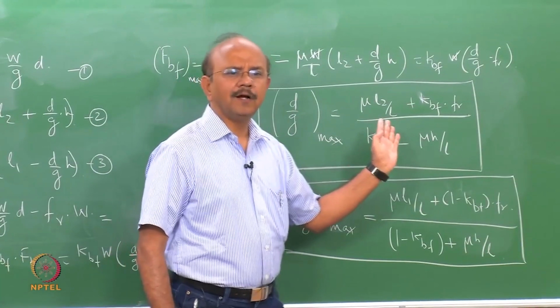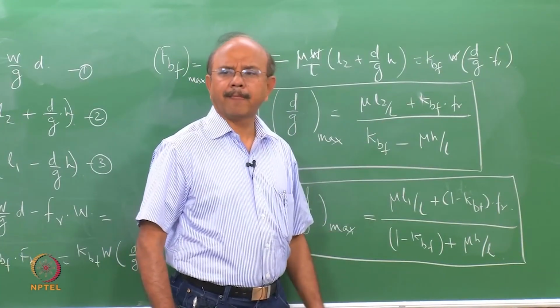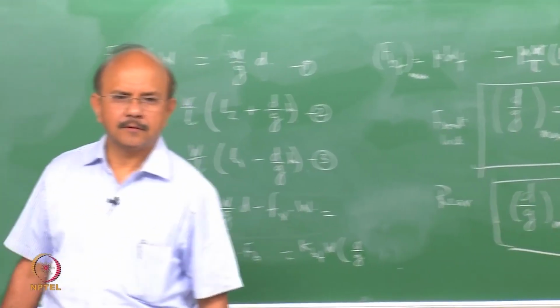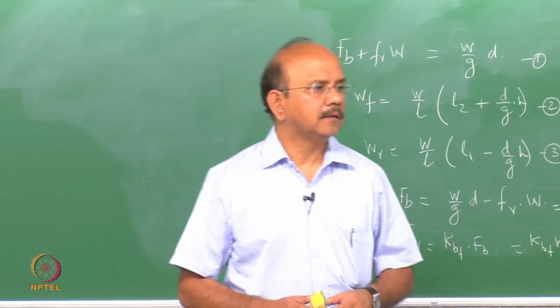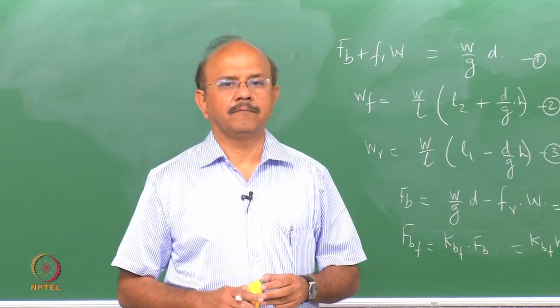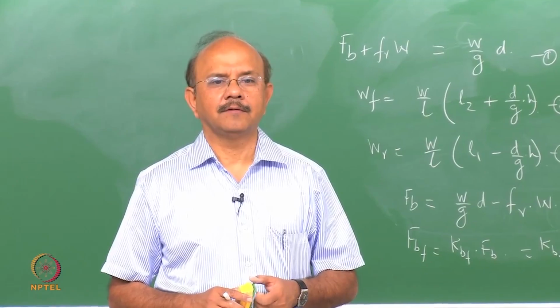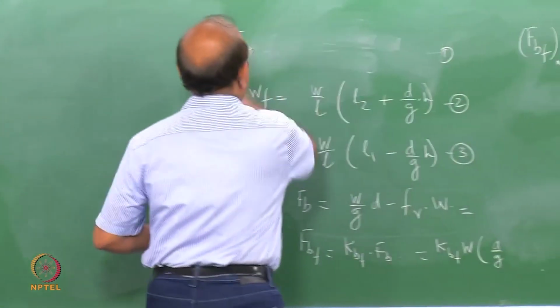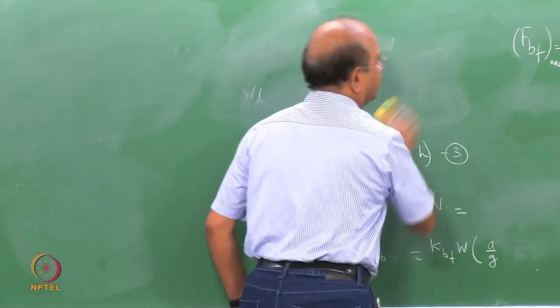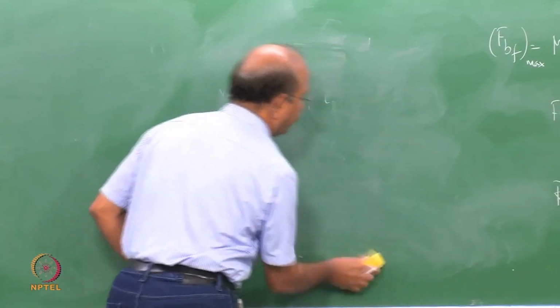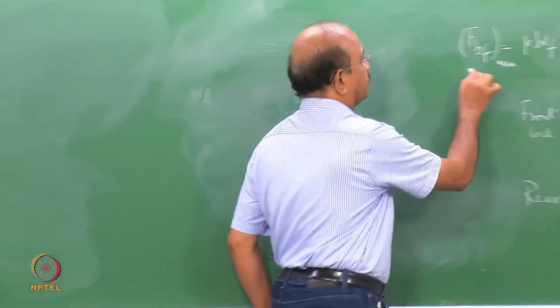It becomes minus. Is that correct? KBF is equal to 0, it becomes minus. Why should it become minus? The whole crux of this lies in this equation.